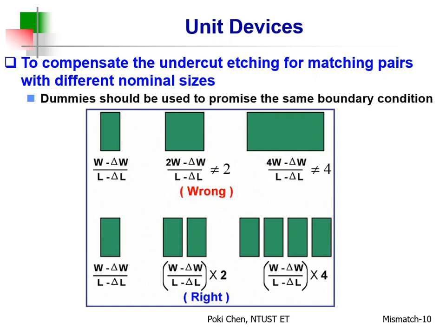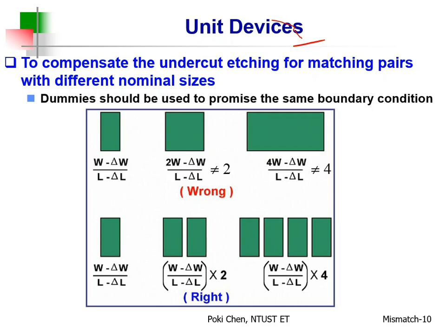So, lesson 2 for matching. You need to use unit devices. For example, according to DAC or ADC, right? You need to have some kind of binary weighted devices.